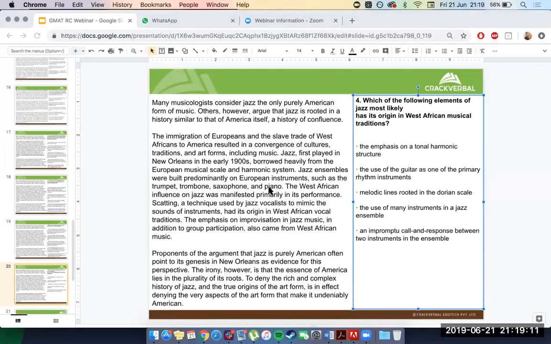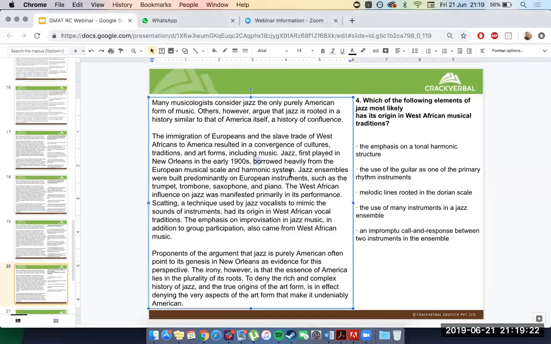C says melodic lines rooted in the Dorian scale. I do remember them talking about scale, and it says over here, jazz first played in New Orleans borrowed heavily from the European musical scale and harmonic system. That means anything to do with the scale or the harmonic system would be a European influence.